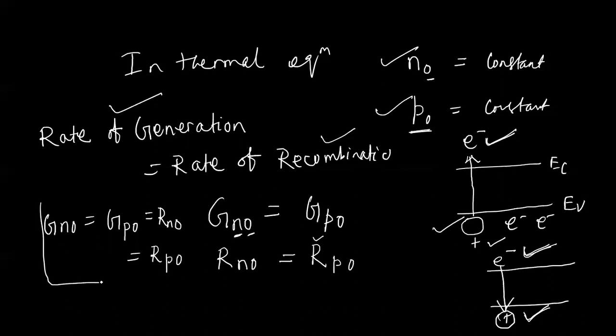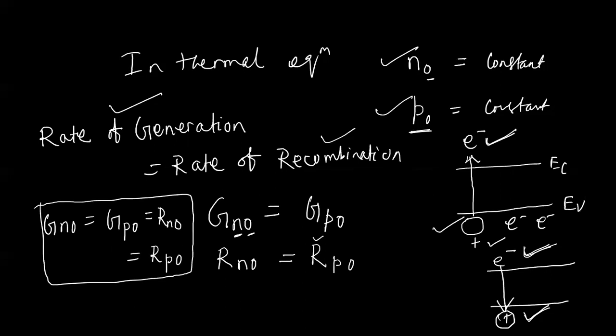We equate all these when there is no external excitation to the semiconductor. So the rate of generation of electrons and holes equals the rate of recombination of electrons and holes. This is what we said.